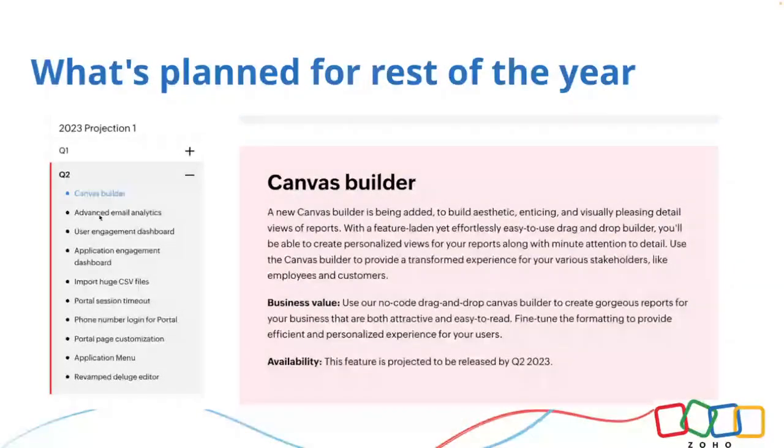We have Canvas Builder, advanced email analytics, user engagement dashboard, application engagement, huge CSV files that can now be imported, portal session timeout, phone number login for portal options, portal page customization, application menu, and last but not the least, revamping the Deluge editor as well.